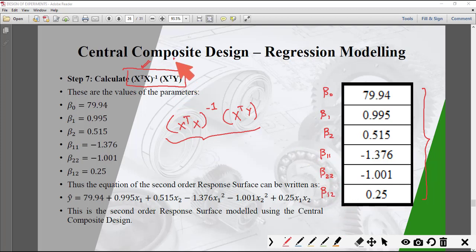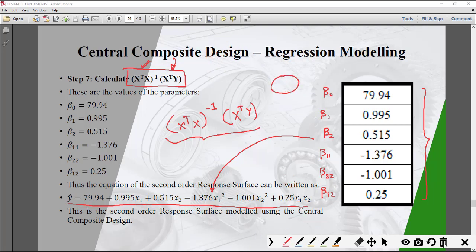So by carrying out all these calculations, you will get the values of all those constants. Now you can substitute the values of all those constants in your standard equation and you will get this equation. This is the equation of the curve that you required. This is the second order curve.